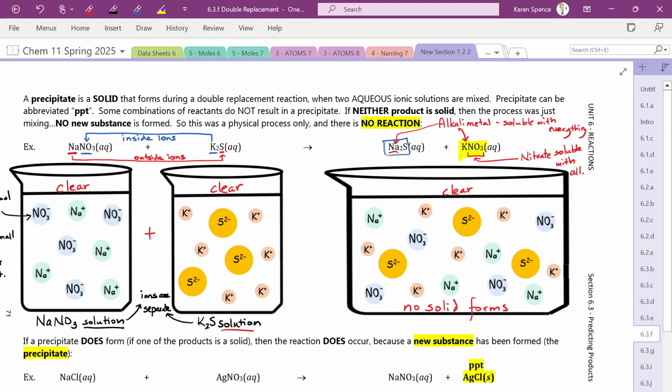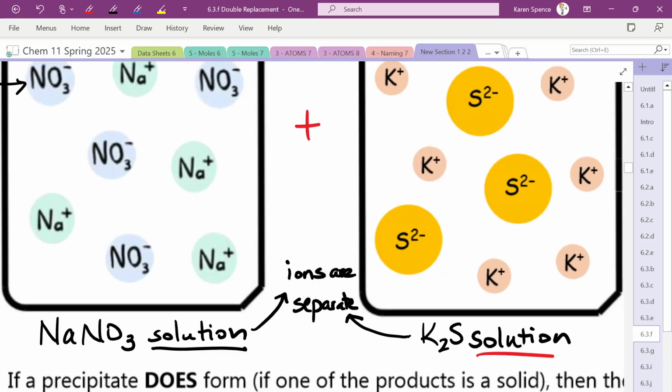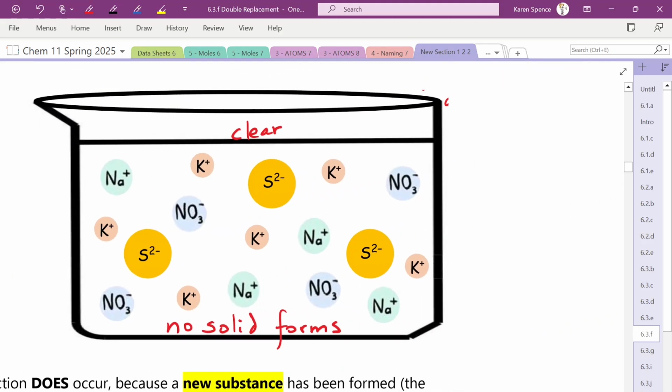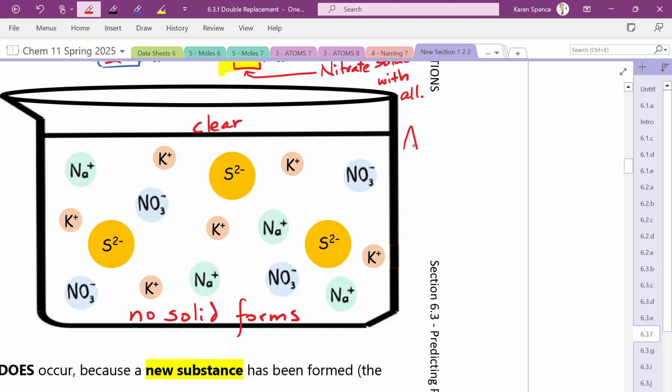Everybody was floating around separately. And now they're still floating around separately. All the ions still floating separately.